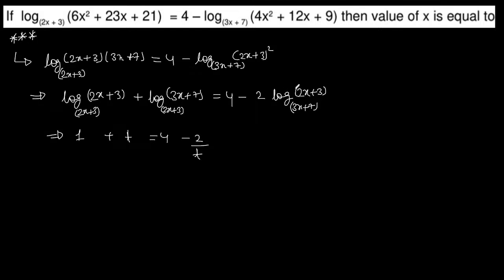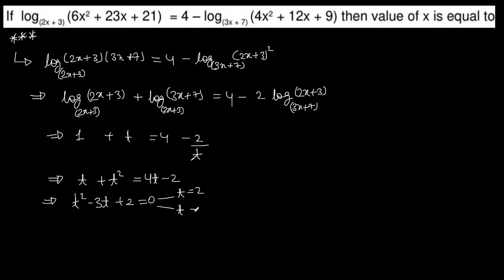Now what we can do is take LCM and start solving. T square minus 3t plus 2 equal to 0. We can get t equal to 2, t equal to 1.